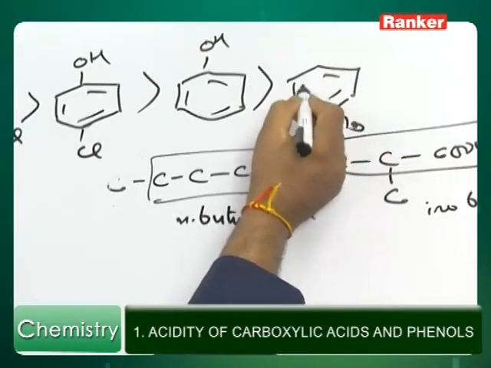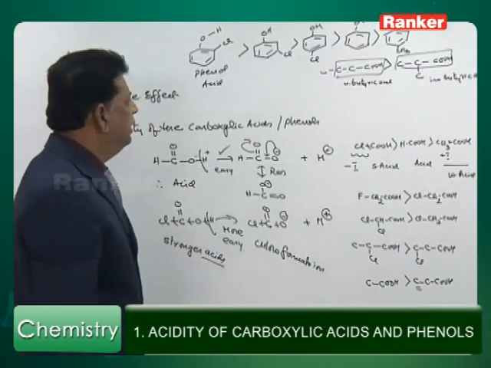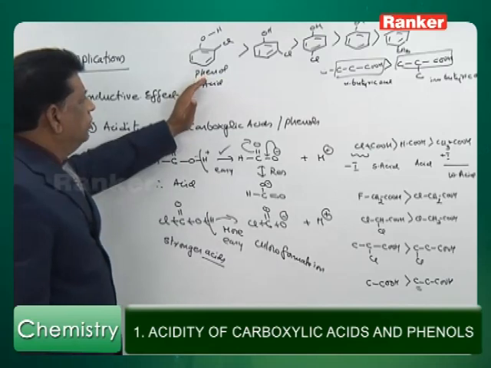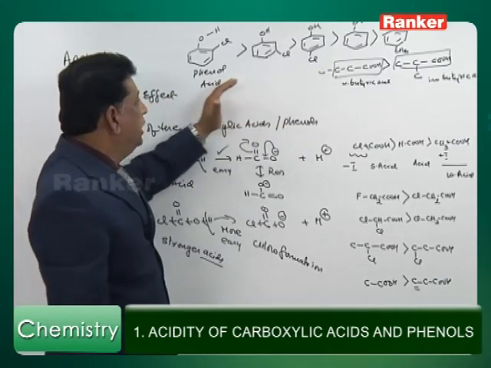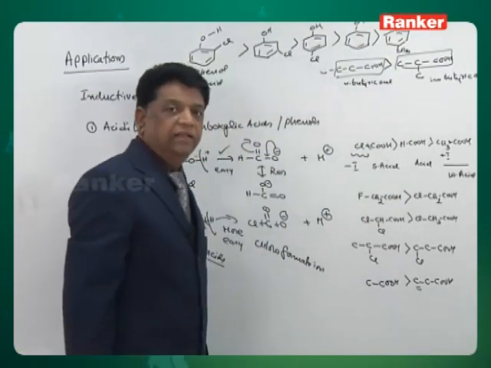A methyl group is a donating group, therefore it is weaker. Just based on the inductive effect, all these three are minus I groups, so stronger than phenol. That is a plus I group, weaker than phenol.